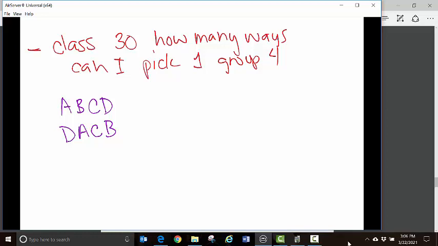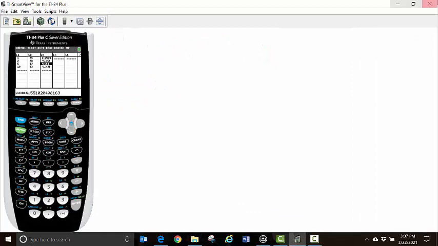So think about it as a pizza. The topping order doesn't matter. So you would do 30 choose 4. And I'm not even going to play with the formulas. I don't care about the formulas.